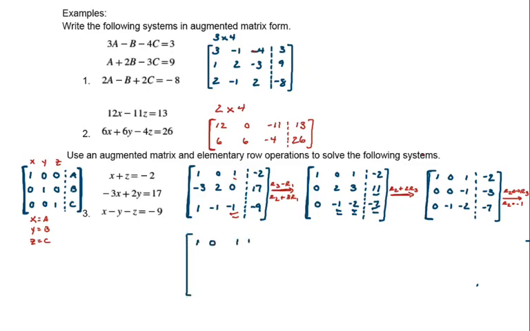And then the next thing I would do is take my new row 2 and multiply it by negative 1. So what I would get if I followed those two operations would be 0, negative 1, negative 2, which was row 3, which is now row 2. And then what was row 2, I multiplied it by negative 1 and replaced it where row 3 was. So I have 0, 0, 1, 3.